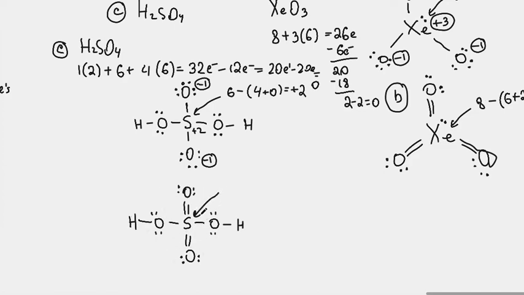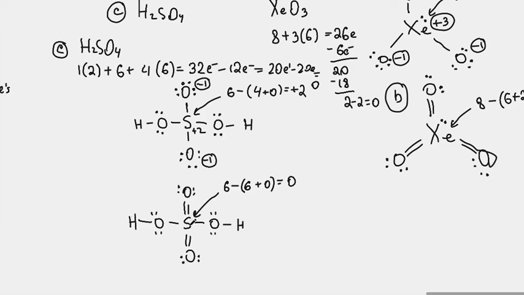So let's check and calculate the formal charge of sulfur now. Sulfur has 6 valence electrons, minus 1, 2, 3, 4, 5, 6 bonds, and no lone electrons. So therefore its formal charge is 0. Now if you check the formal charges of all of the atoms in this molecule, everything will have 0, which means this is indeed the correct Lewis dot structure.